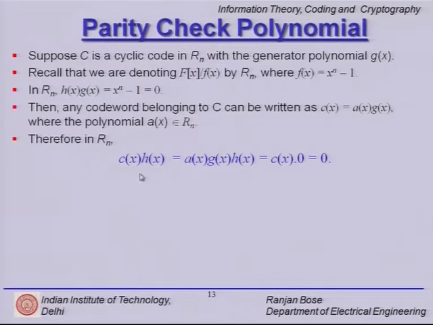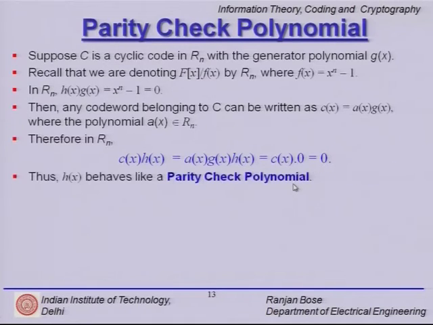So, you have this c of x, which is a valid code word polynomial, and if you multiply with h of x, you get a x into g of x. That is how you generate c of x times h of x in Rn, modulo x raised to n minus 1, but here we will get this equal to 0.